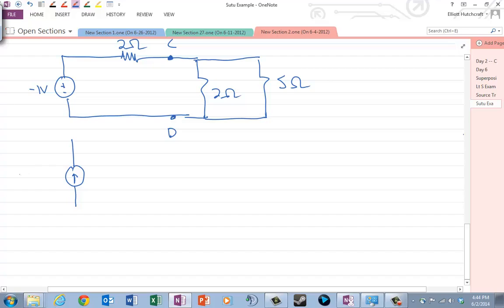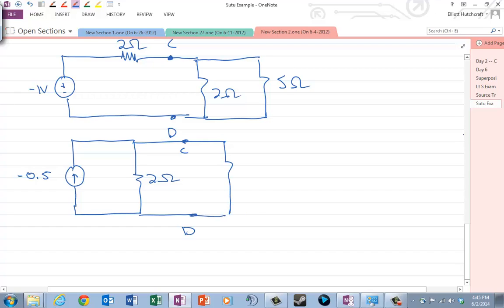So minus 1 over 2 is going to give me minus a half an amp. And then I'm going to put the resistance that was in series with it in parallel with it, so 2 ohm. So here is C, here is D, and then I've got my 2 ohm.